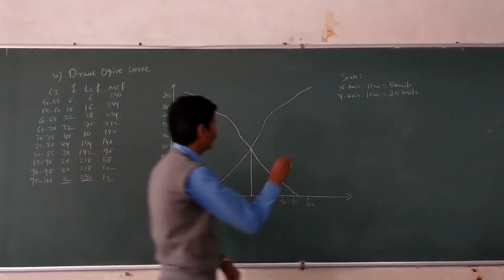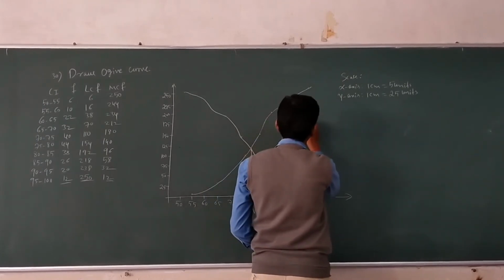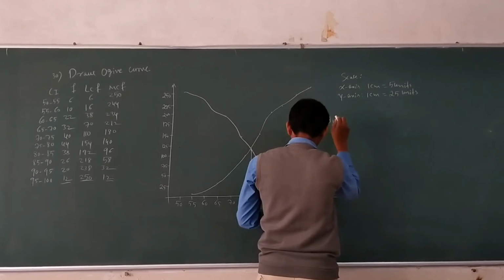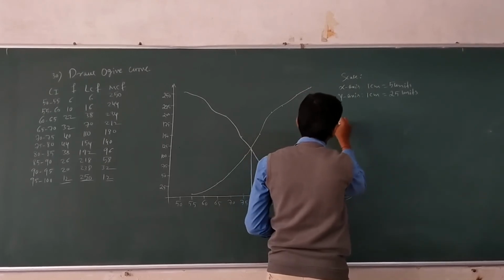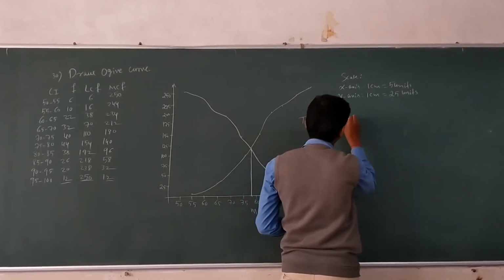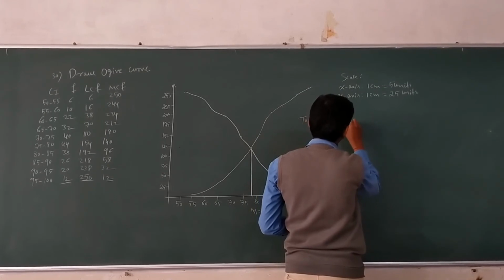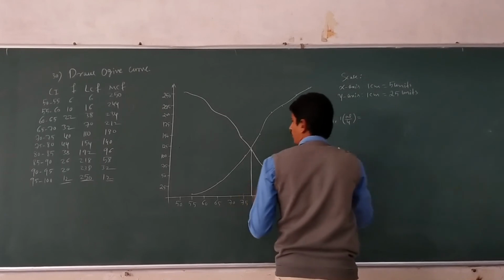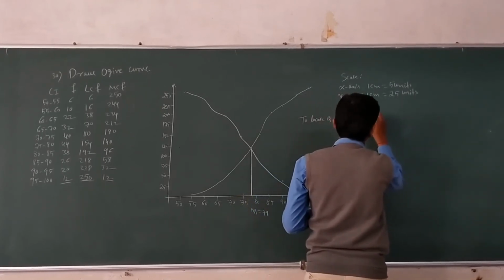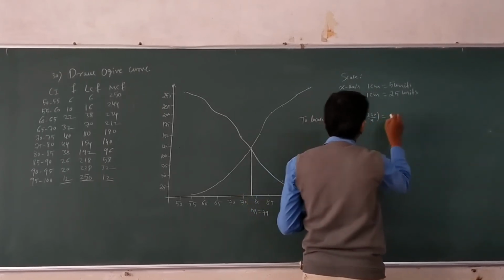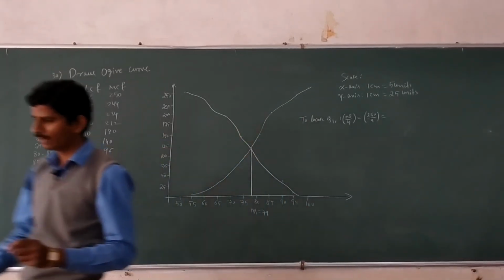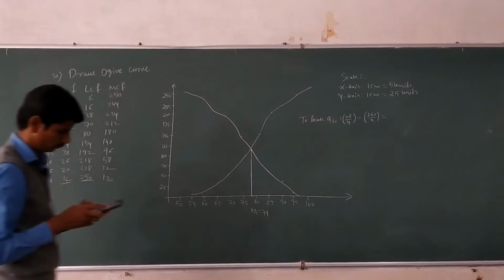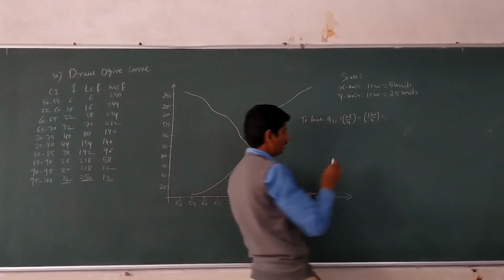To locate Q1, that is 1 into n by 4, where n is 250, 250 divided by 4 is 62.5.